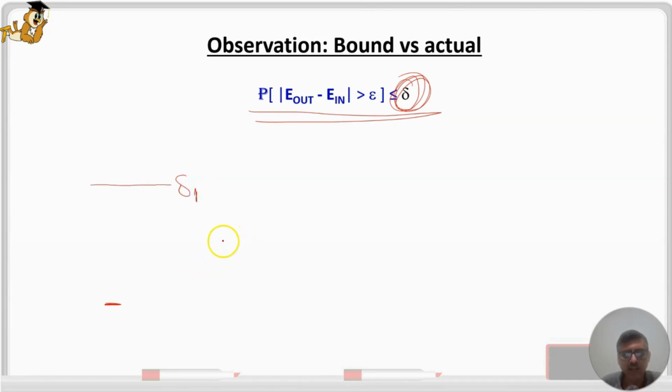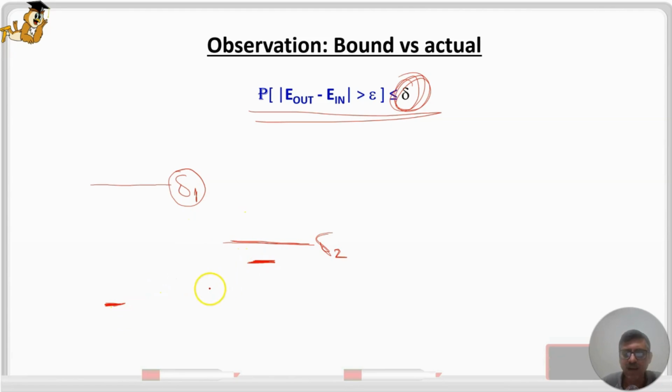Whereas in another situation, you had a tighter bound, a smaller delta, let's say delta 2, but the difference between E out and E in was larger. So this is a bound. Let us say you had a case where the bound was delta 1, which was relatively high, and E out and E in were very close to each other. And in another case, your bound delta 2 was small, which means the bound was tight, but E out minus E in was larger than in the first case.